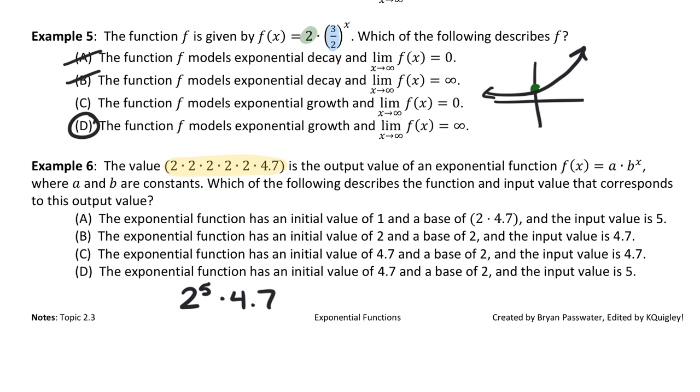If I just reorder these so that it matches the formula I have written on the paper, I would have 4.7 multiplied by 2 raised to the 5th power. This now matches the regular basic version of an exponential function, which means, what is my initial value here? 4.7, so we're going to get rid of a and b. It also means that I have a base of what? Great, can't eliminate anything there.